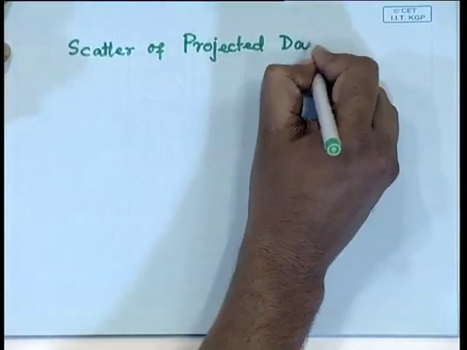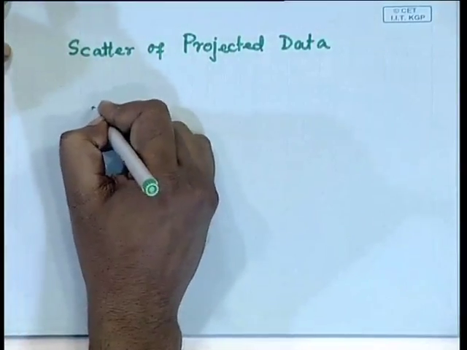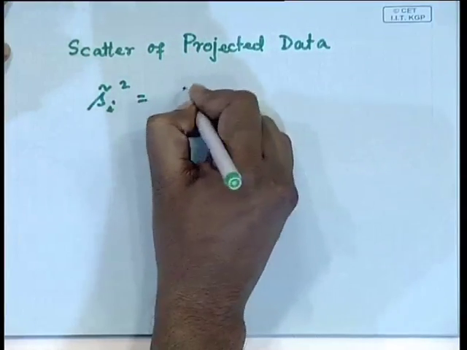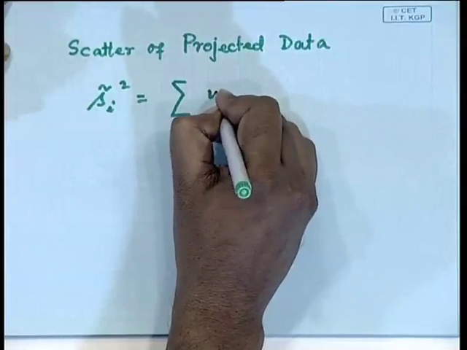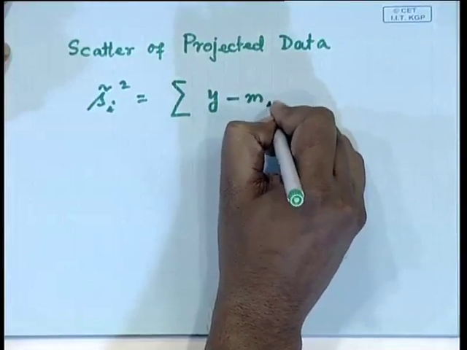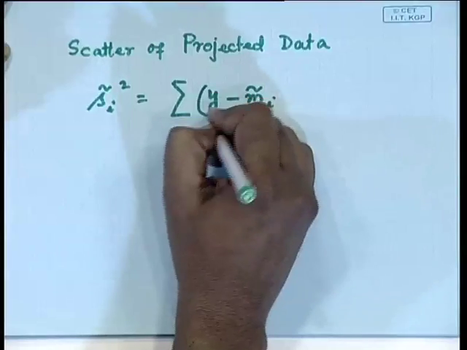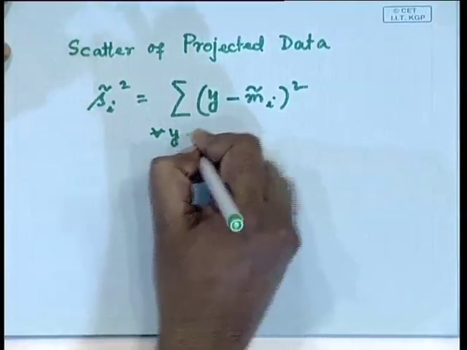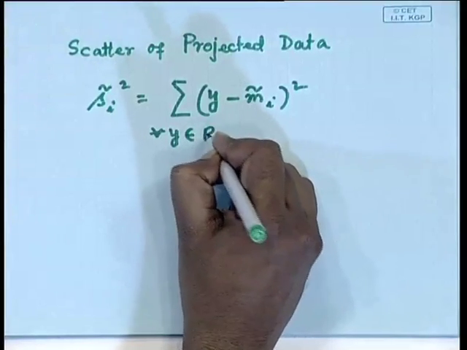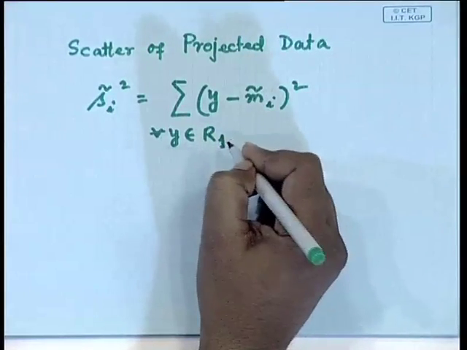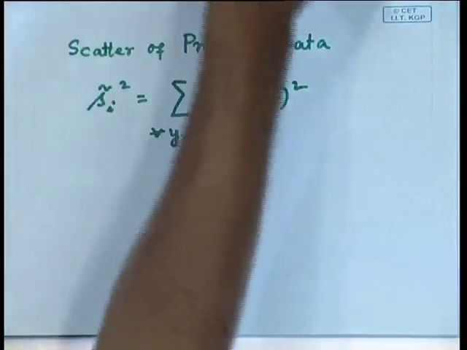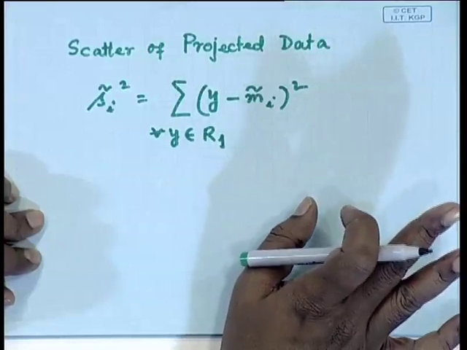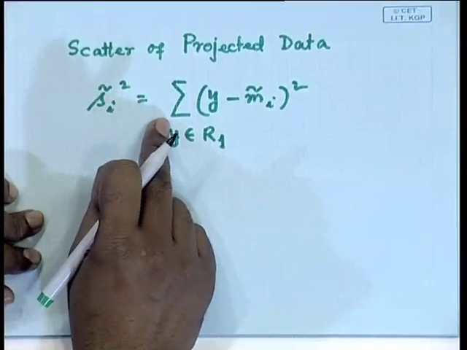So, for an ith class, I define the scatter of the projected data as summation of y minus m i tilde square, okay, where this summation has to be taken over all y belonging to set R i. Is that okay? You find that this is something similar to variance. Okay. What we have not done is we have not normalized this.